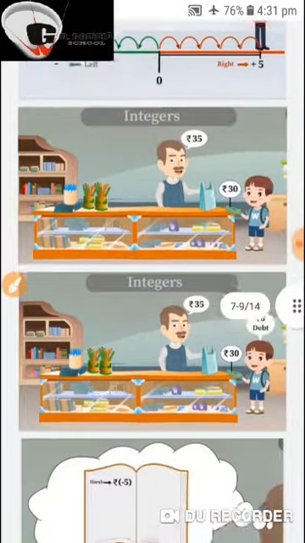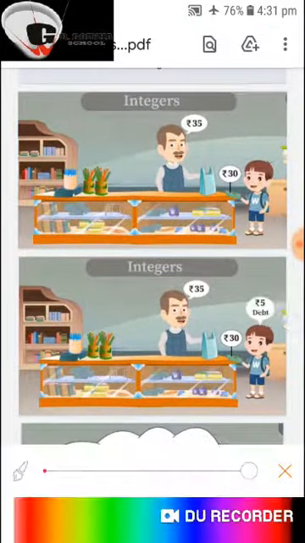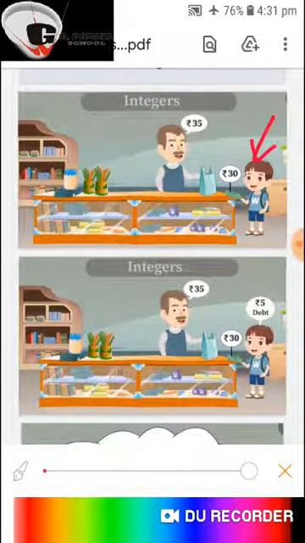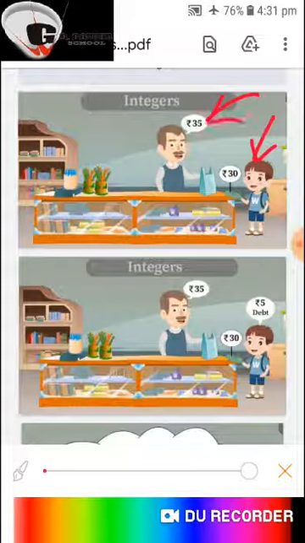Let us take another example. Let's have a student, Harsh. Harsh came to the shop with rupees 30, but he bought things for 35 rupees. He pays the shopkeeper rupees 30 and keeps a debt of 5 rupees.